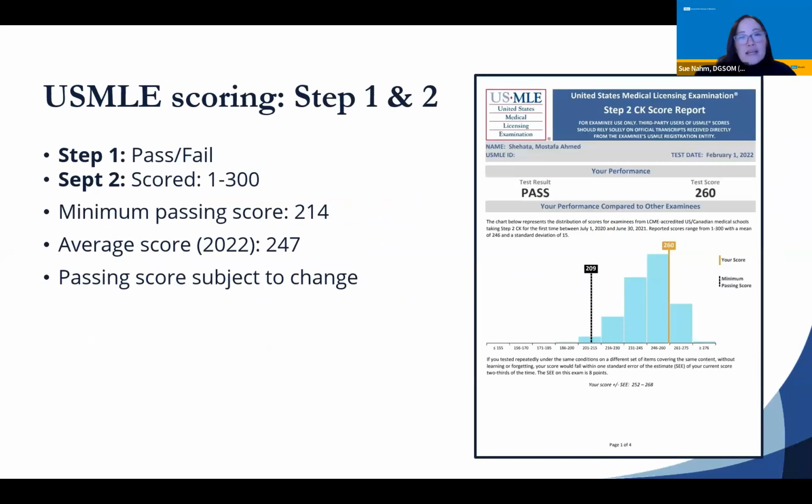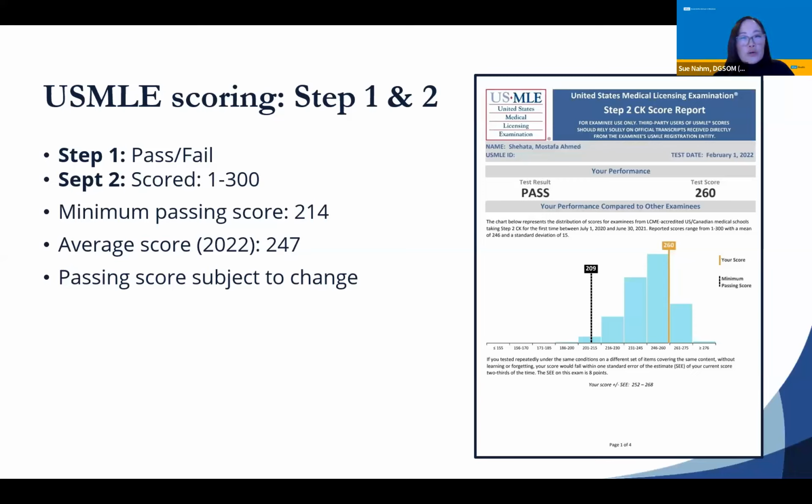Thank you, Grace. So we just wanted to point out that as of January 26, 2022, as many of you are already aware, the Step 1 exam is no longer scored numerically, but is now reported as pass-fail only. The Step 2 CK exam is, of course, still scored numerically, and the score range is 1 to 300. The minimum passing score for the Step 2 CK exam as of now, which is definitely subject to change, is a 214.